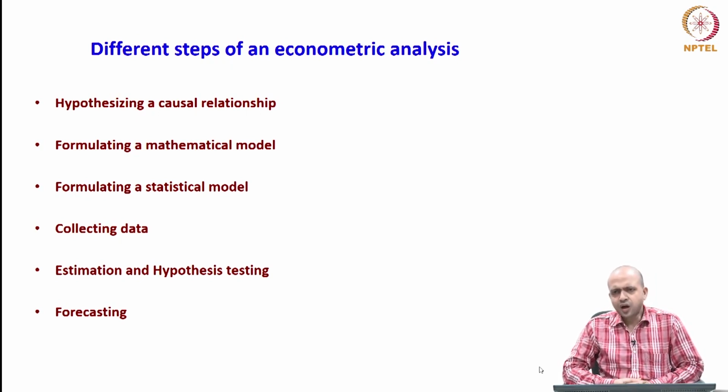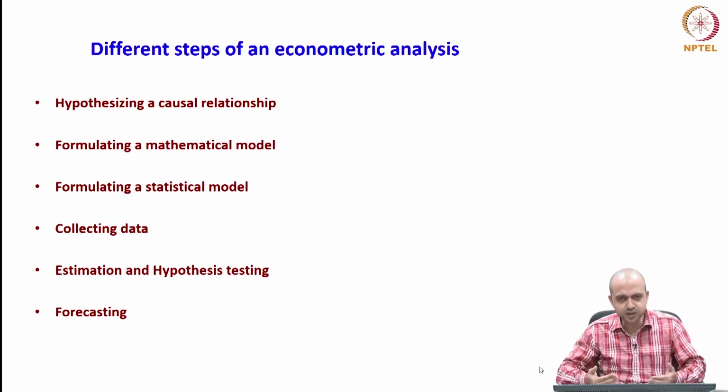And after this type of observation of individuals' consumption patterns, what we have to do in econometric analysis as a first step is to hypothesize some kind of causal relationship between income and consumption. So, what we are hypothesizing is based on observation.